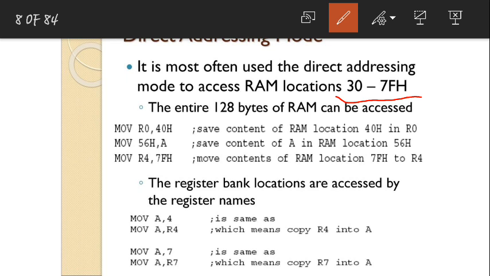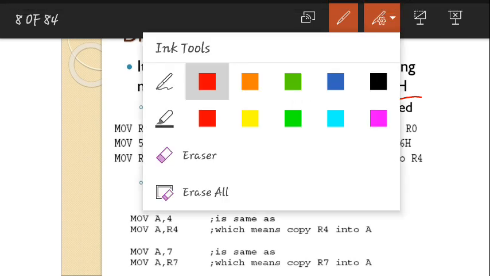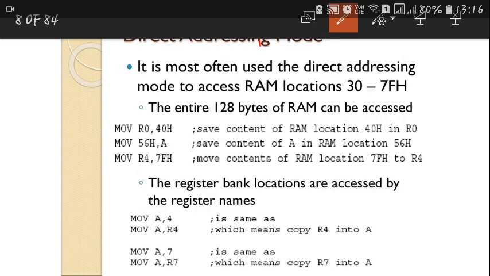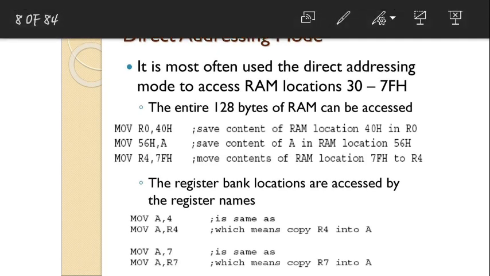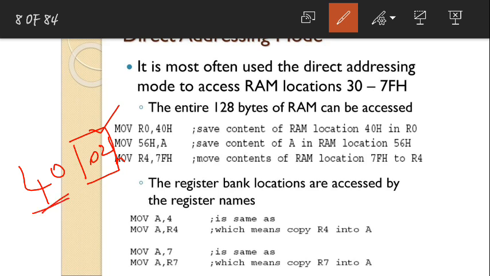In this direct addressing mode, we directly write a memory address. Here one of the examples is MOV R0, 40H. That means at the 40H RAM location, if you have the value 02 inside this location, this is the address, 40 is the direct address.